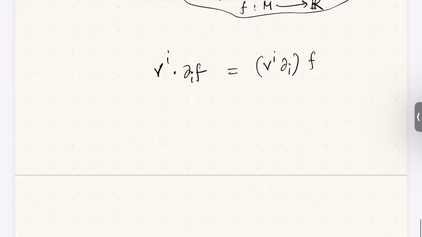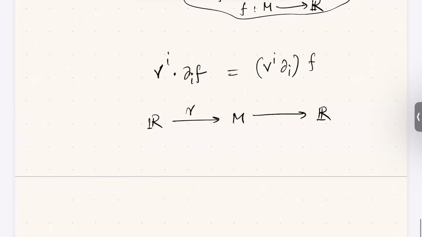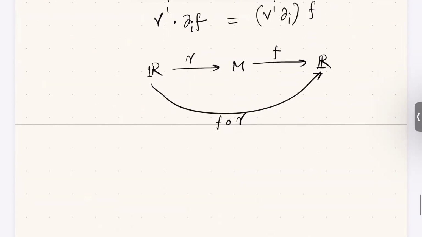Okay, so then if I write this in a formal way, it will be something like this: R to M to again R, where R to M is the curve gamma, and this M to R is the function f. Then this is what? f after gamma. And since this is an R to R function, I can consider the rate of change of this function.